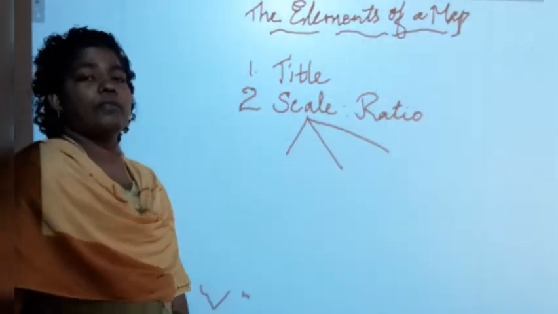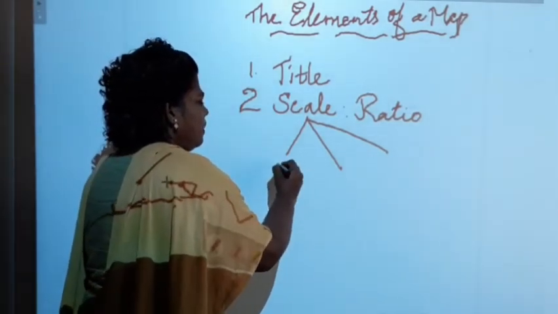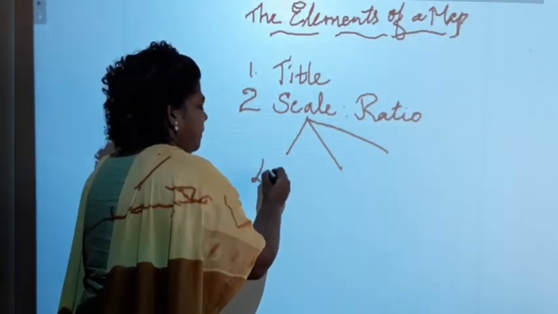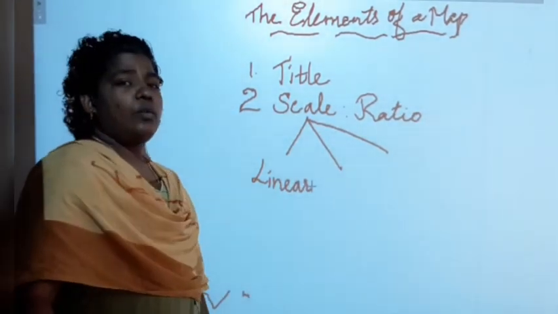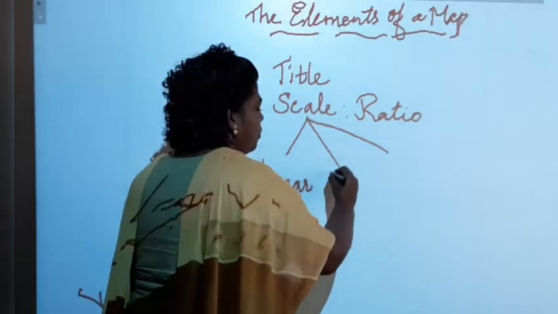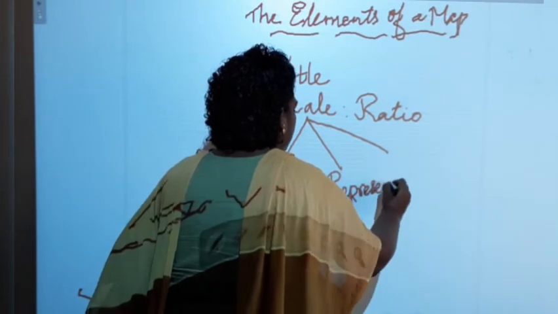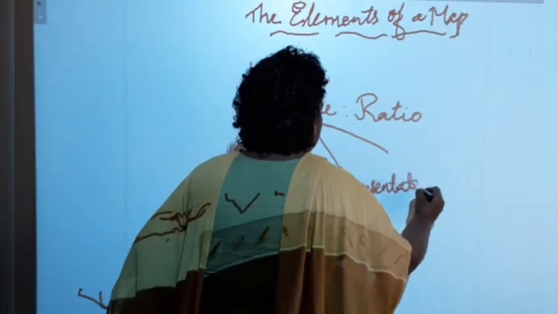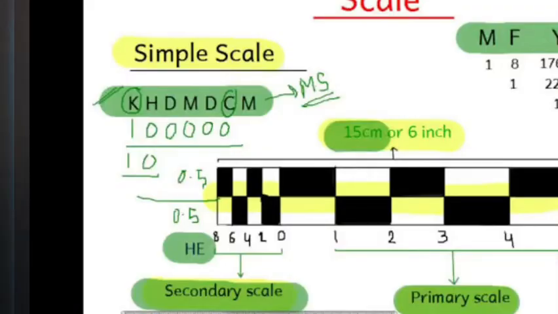The first type of scale is linear scale, and the second one is representative fraction. The third one is verbal scale.